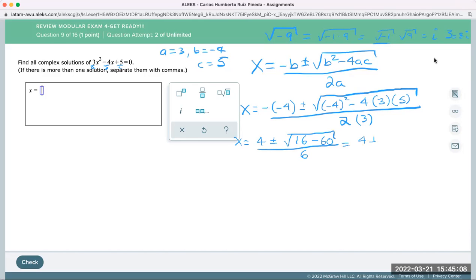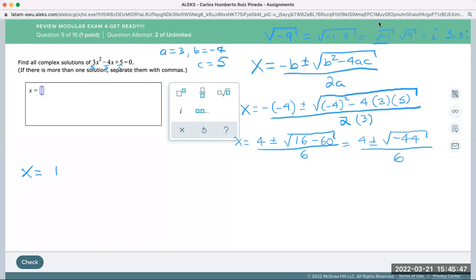4 plus or minus the square root of 16 minus 60. 16 minus 60 is -44, all of this divided by 6. Now, what's next? I'll continue over here.